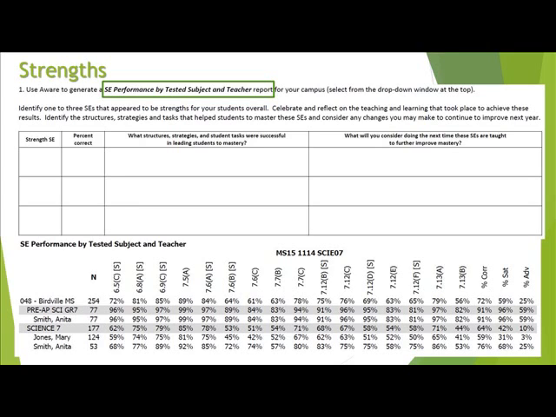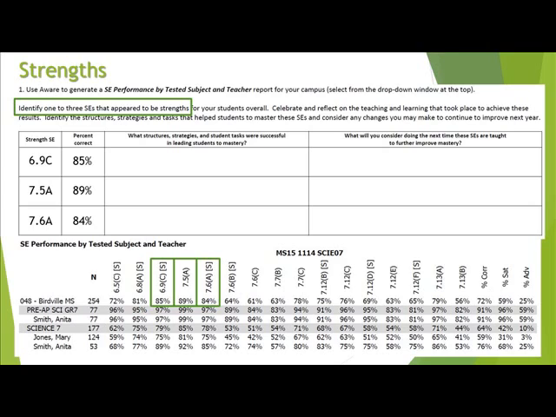The results are broken down by the percentage of students correctly answering questions over the SEs assessed by test items. At the far right, the report includes average percent correct and the percentage of students meeting the satisfactory standard, which is set at 70%, and the percentage meeting the advanced standard, which is set at 90% correct.